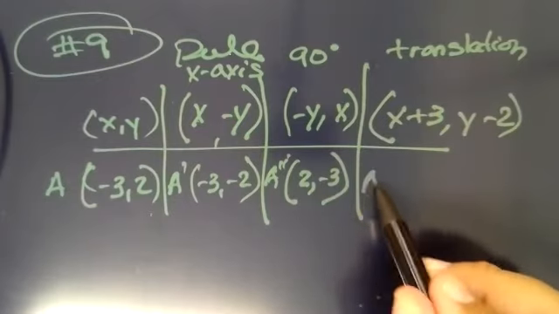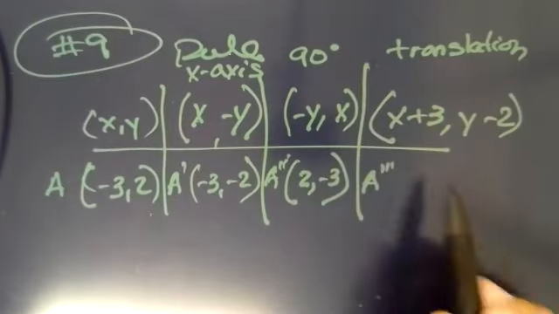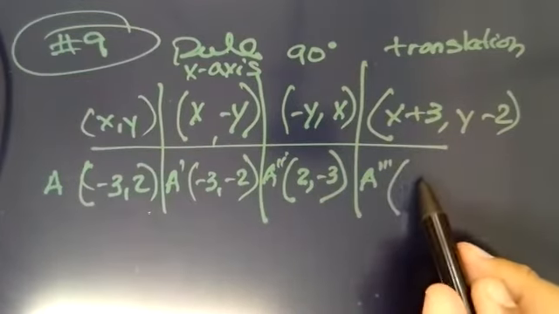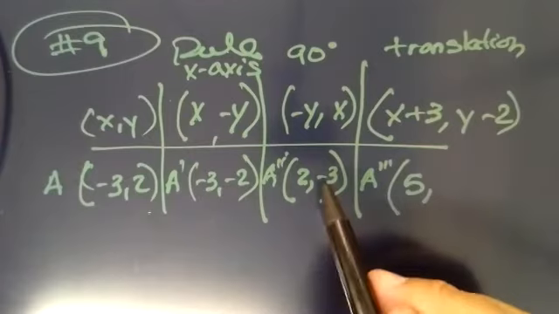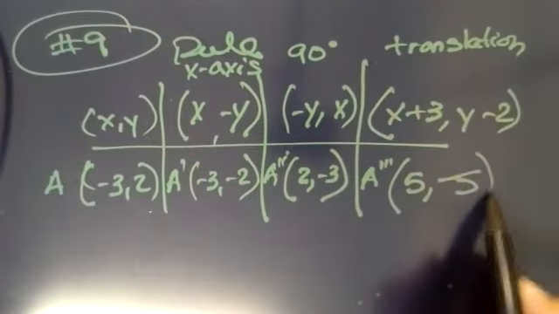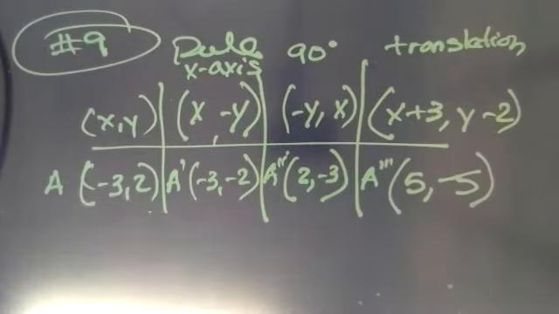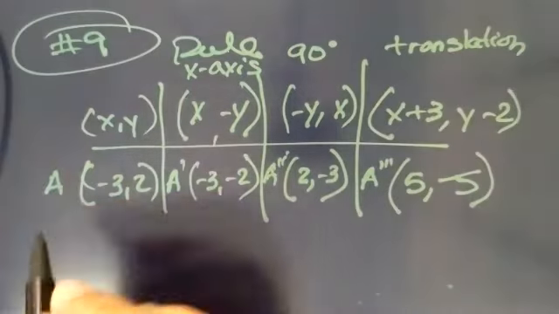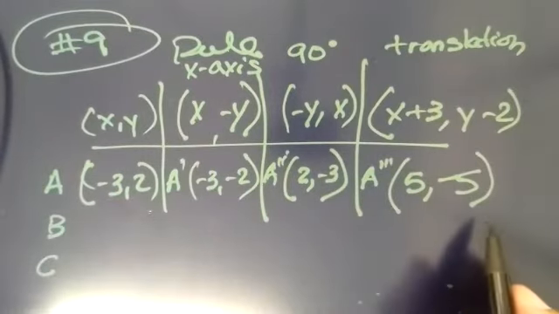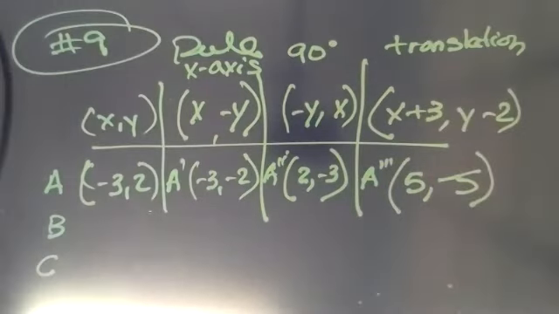And then last but not least, this is a third transformation. So it'll be 2 plus 3. This will give me 5 and -3 minus 2, -5. And this will be my third transformation for A. Of course, if this is a triangle, you're going to have to do the same thing for B, and the same thing to C to get the final coordinates, okay?